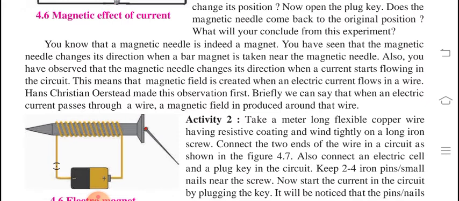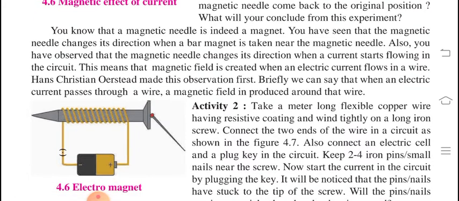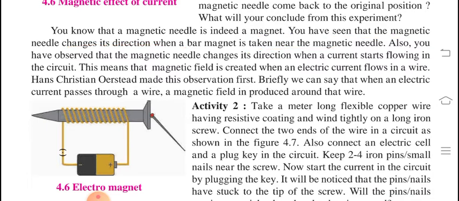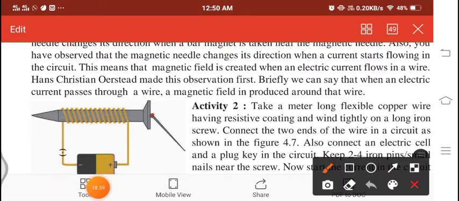Now you know that a magnetic needle is a small magnet. You have seen the magnetic needle change its direction when a bar magnet is taken near it. Also you have observed that the magnetic needle changes its direction when current flows in a circuit.